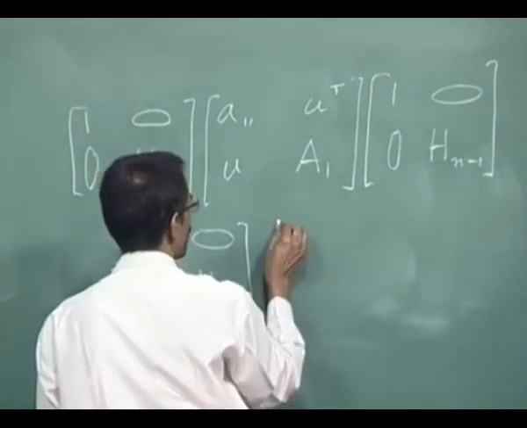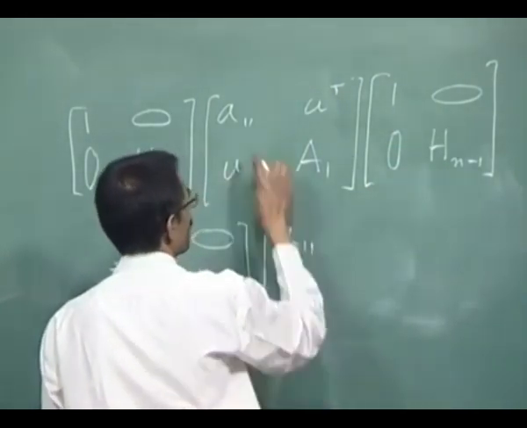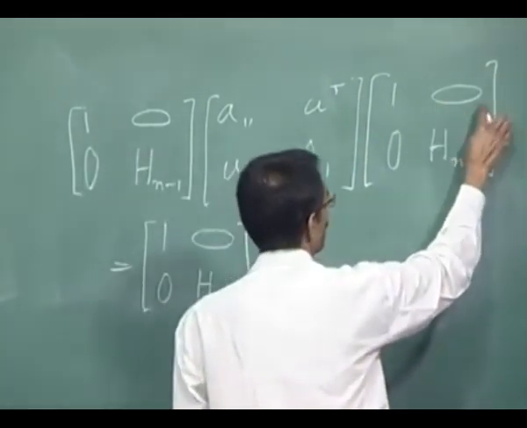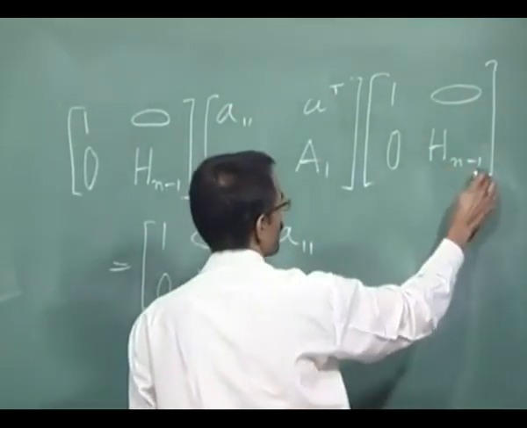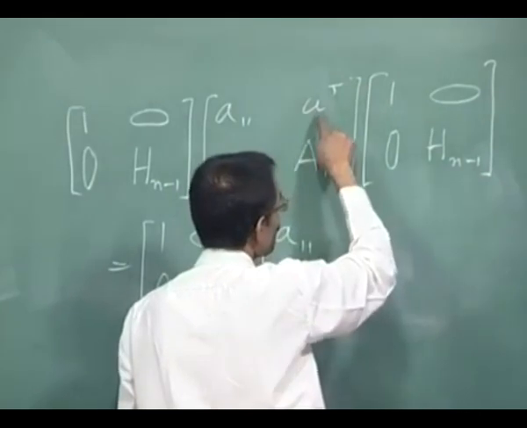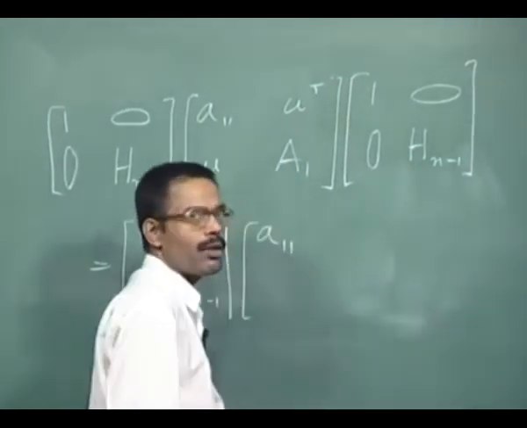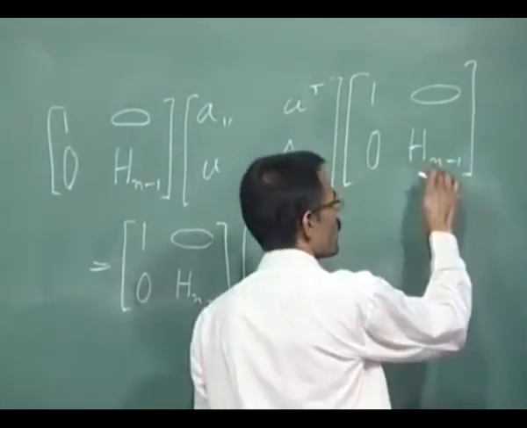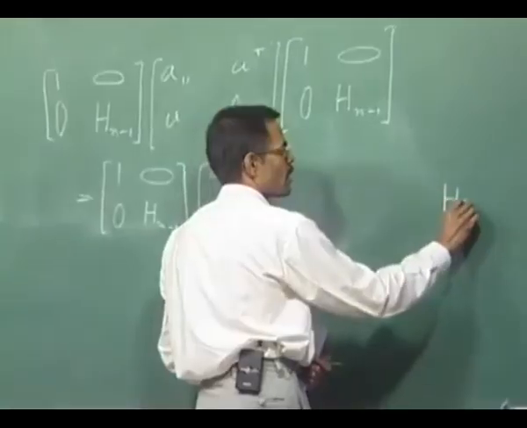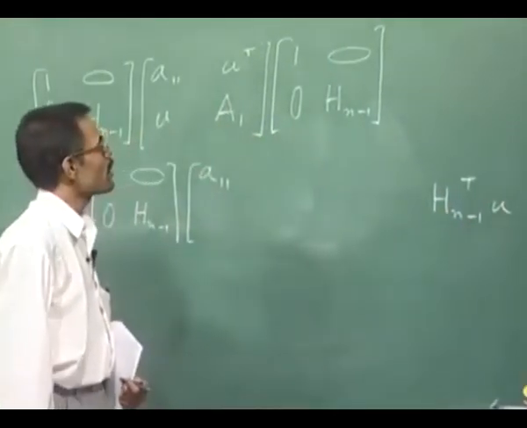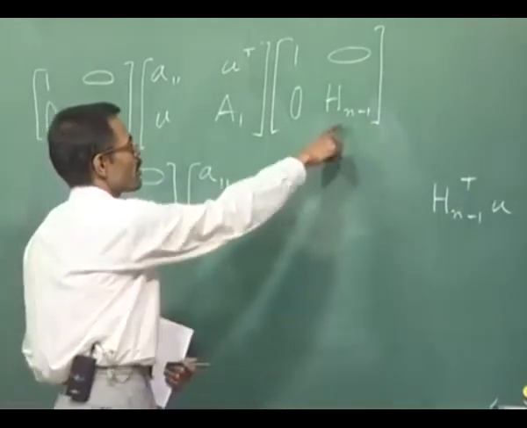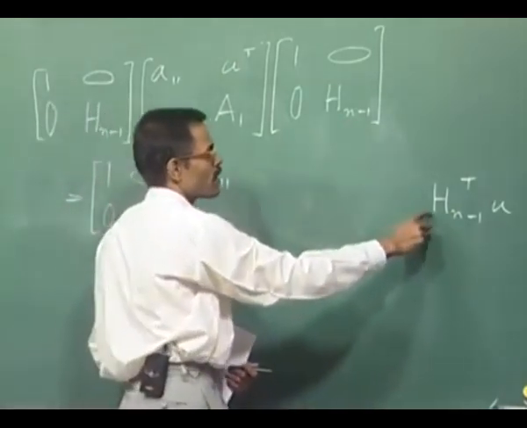So, you get a_11. Next a_11 into 0 row, you get a 0 row, plus u transpose into this. What is u transpose into this? That will be the transpose of this.